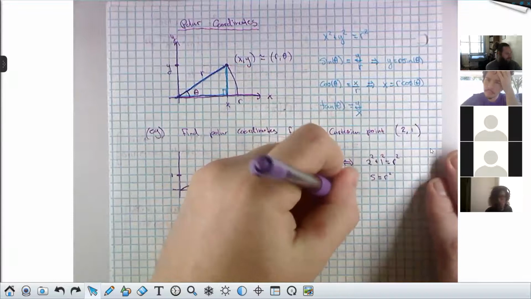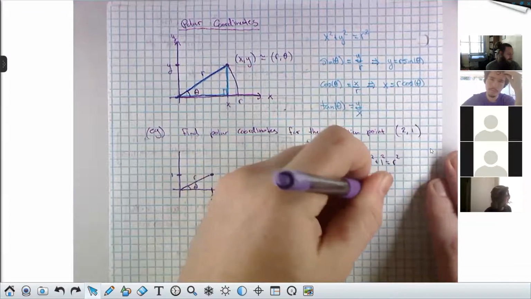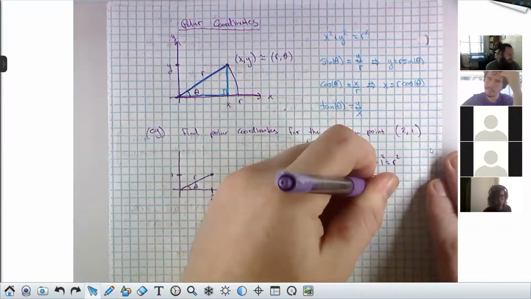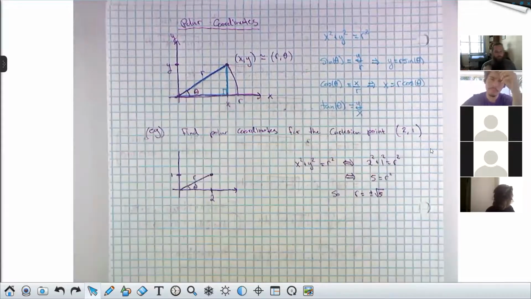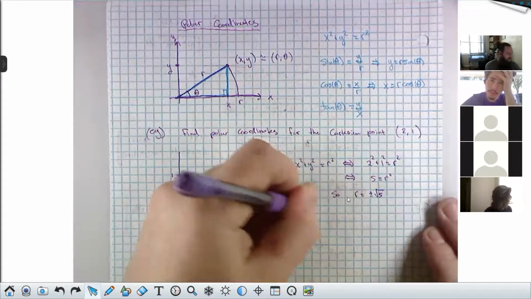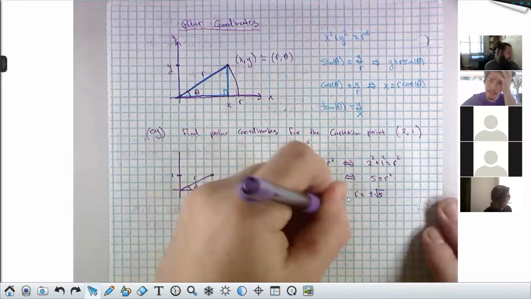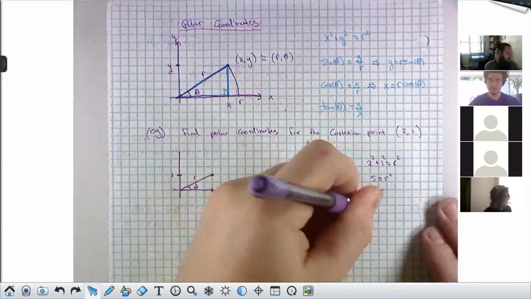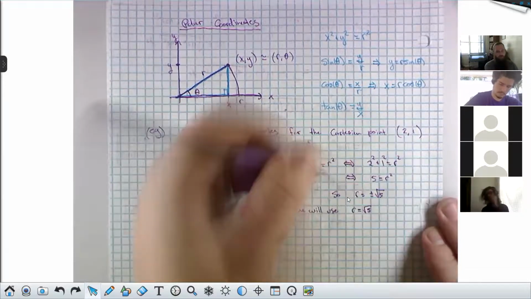So r is plus or minus the square root of 5. We could use either. I'll tell you how to handle negative radii in just a second. Let's focus on finding the polar coordinates here where r is positive. We'll use r equals the positive square root of 5.